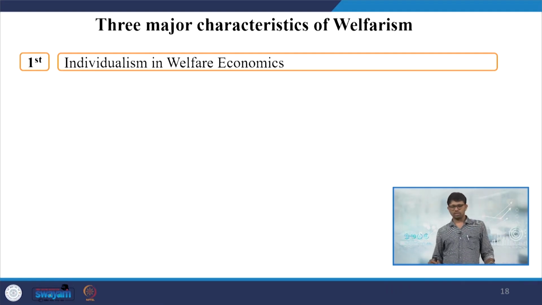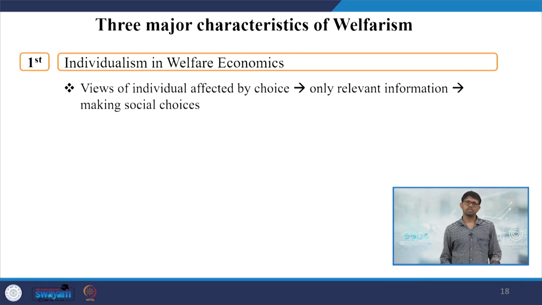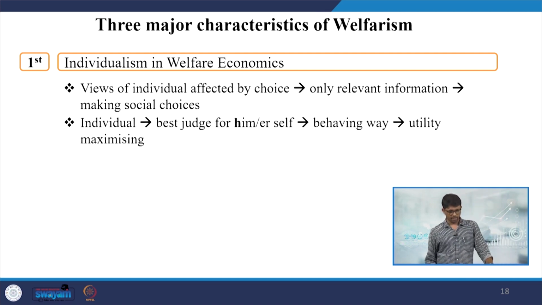There are three major characteristics of welfarism, starting with individualism. In welfare economics, this views the individual as affected by a choice function, which is largely related to information, and information makes the best social choices.